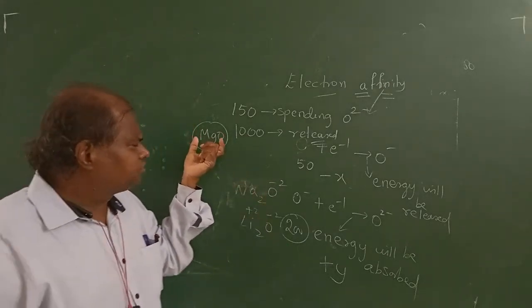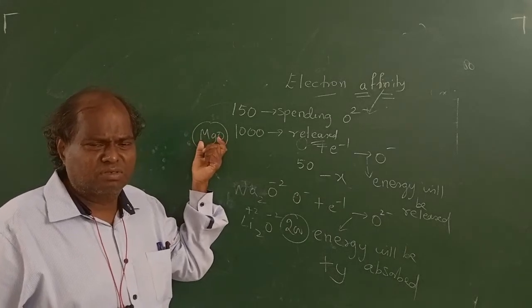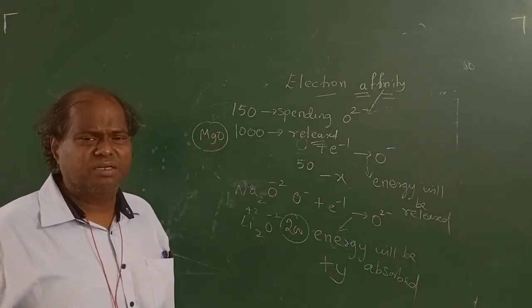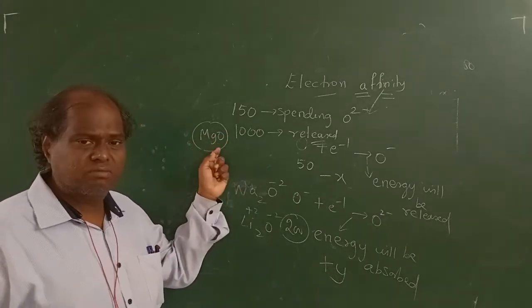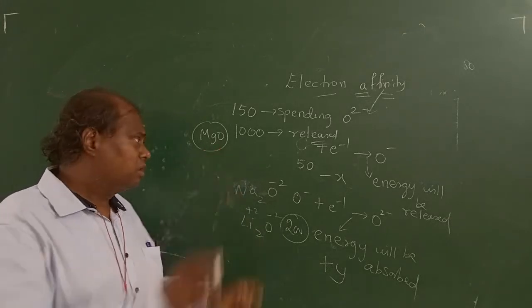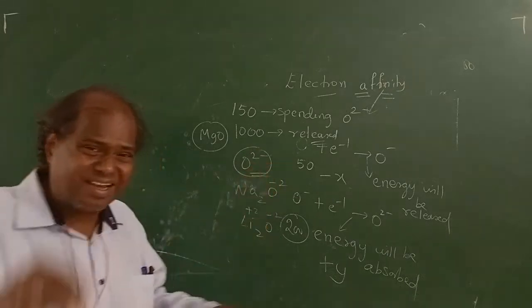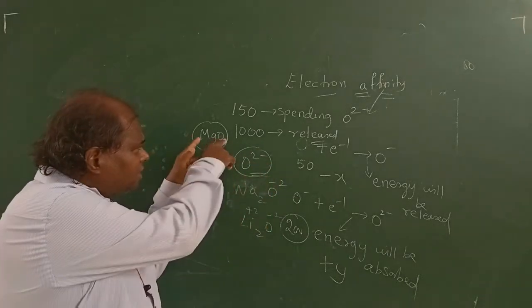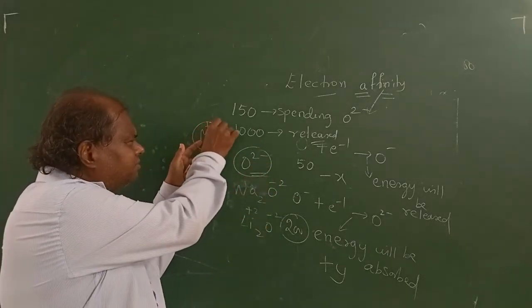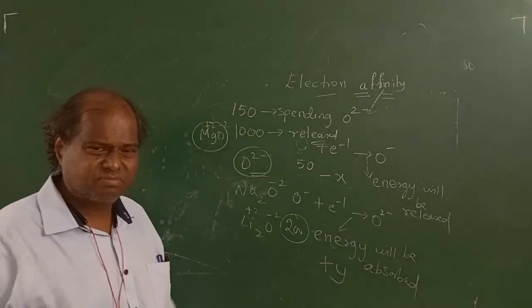Because there is a huge force of attraction between magnesium and oxide, they'll come close together, right? So advantage is there. So what I want to say is that these oxide ions will not exist independently, but in combination with cation they'll exist.